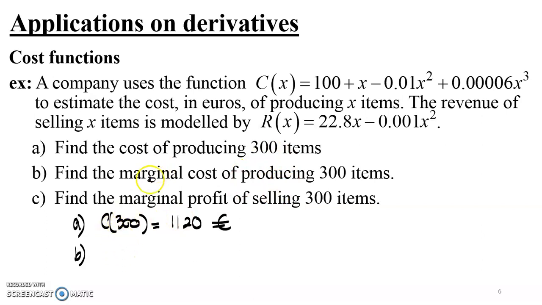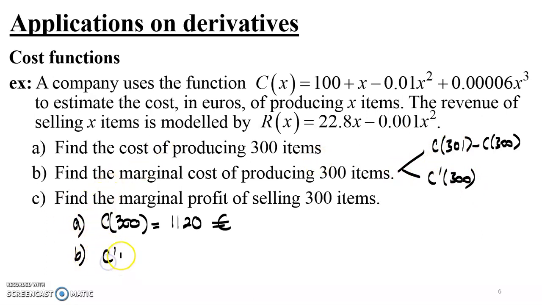The marginal cost, as we've seen, could be determined by calculating C of 301 minus C of 300, or by finding the derivative at 300, according to what we've just explained. However, the derivative is more widely used anyway.